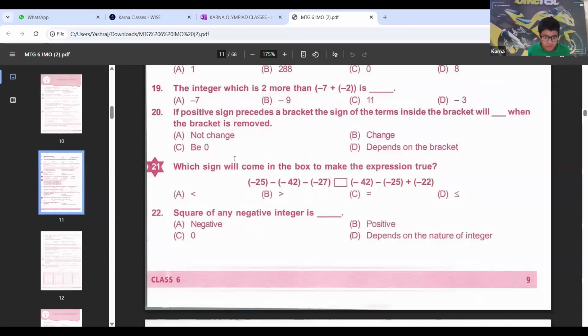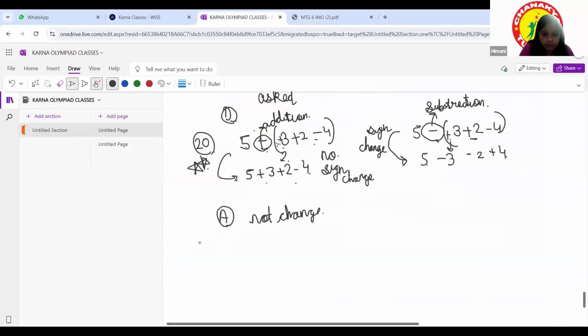Ma'am, the answer will be... Ma'am, just asking, what does the sign of D mean? Like option D, what does that symbol mean? Okay.